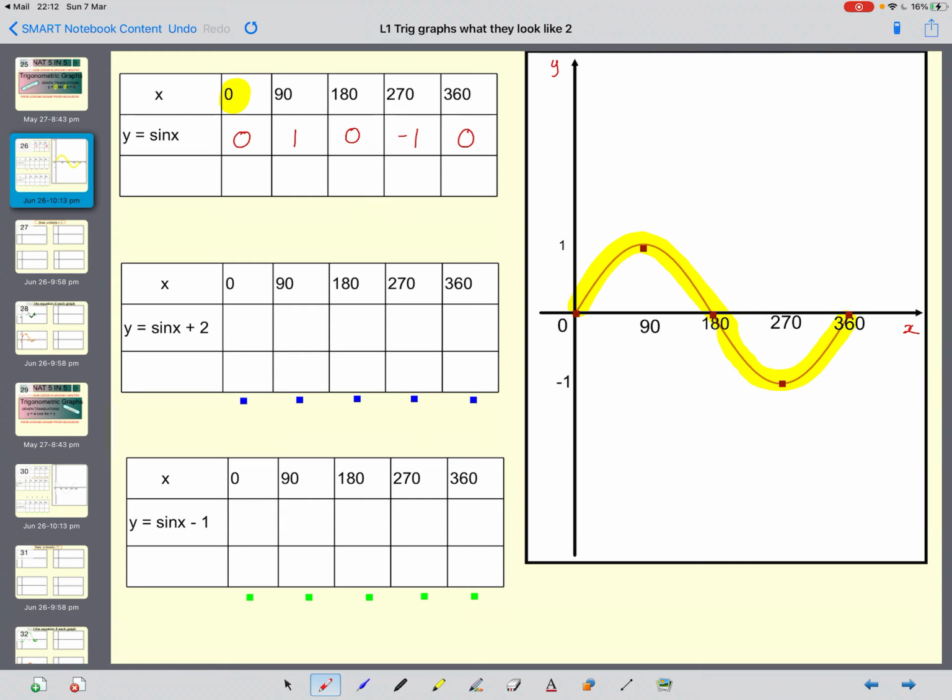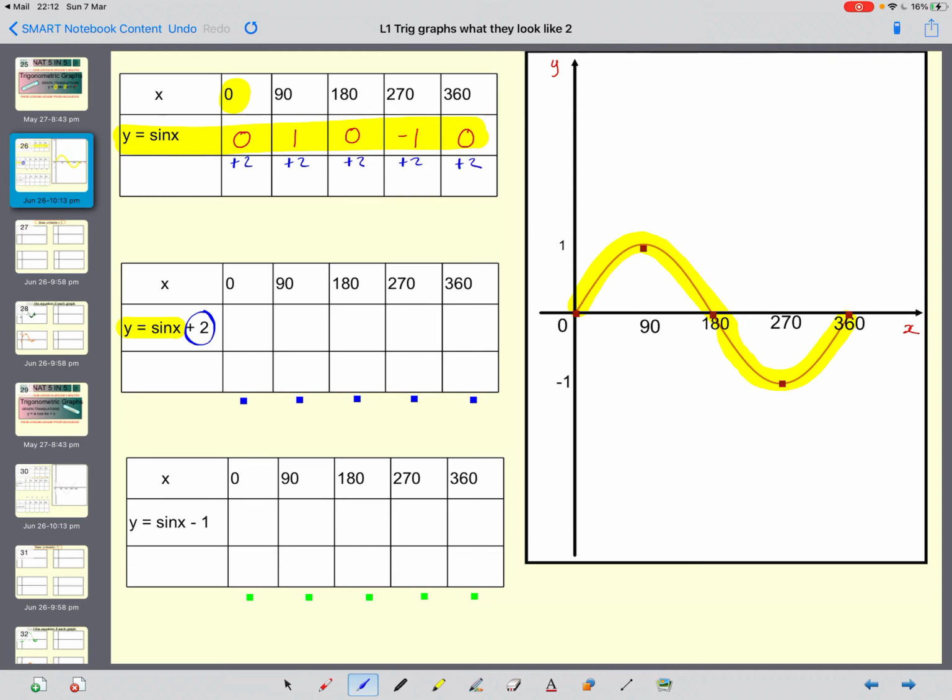Now the next table of values. You can see that you've got y equals sine x, which we've just done, exactly the same, only it's got something extra at the end. It says add 2. So all those values that I've highlighted on top, all I'm going to do is add 2 to them.